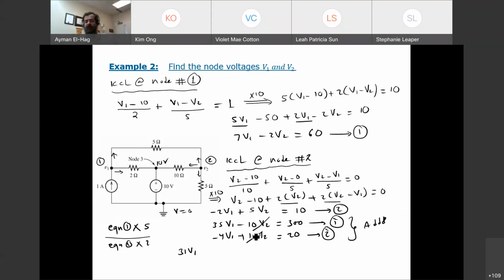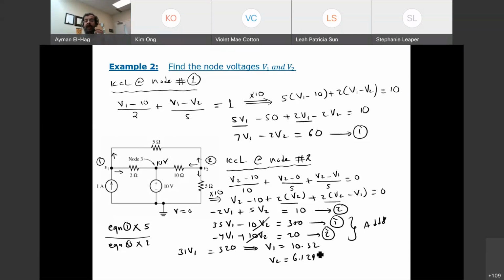So this is one way to solve the equations. It is equal to 320. So from this, your V1 is equal to 10.32. And then substitute in this equation or in the other equation, and you will find that your V2 is equal to 6.129 volts.